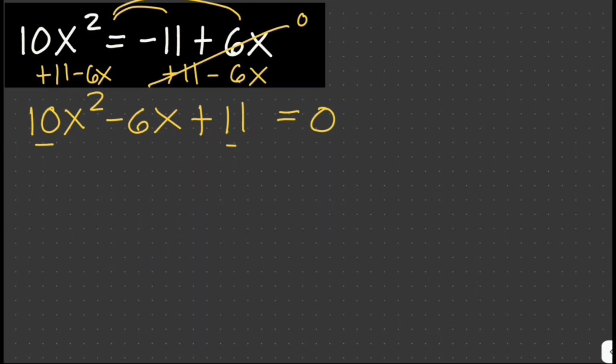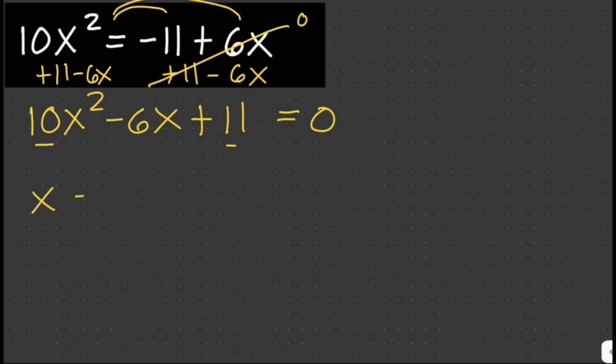So the factors of 11 are only 1 and 11. When we multiply them, it will equal positive 11 if they're both positive. But when we add them up, it won't equal negative 6. Therefore, this equation cannot be factored, and we use the quadratic formula.